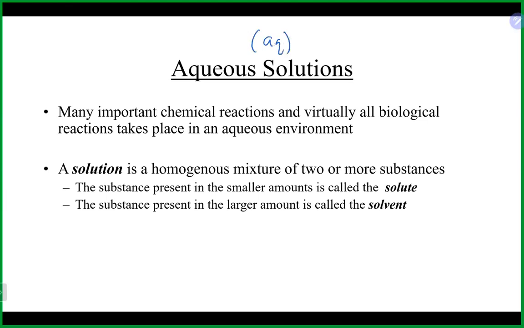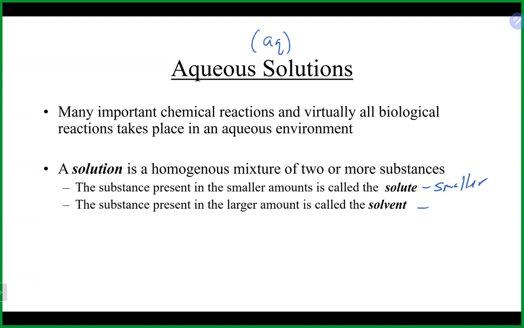A solution is basically made up of 2 parts. One part is the solute, which is the smaller part of the solution. The other is the solvent, which is the larger part of the solution.